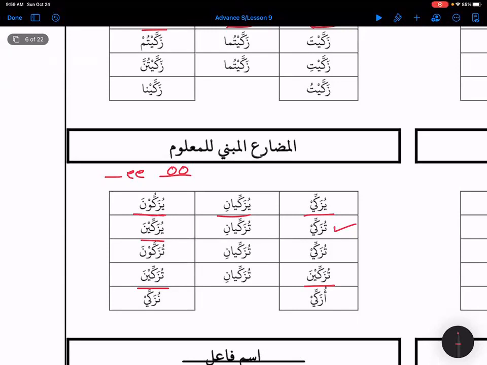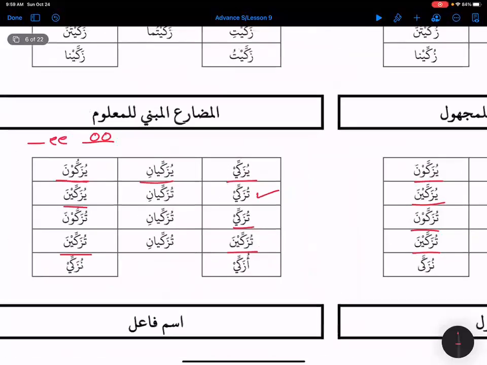Then tuzakki, tuzakkiyani, tuzakkuna. Very good, the U sound comes back here. Then tuzakkina. I think you are confused by this style of writing. It is not fatha.